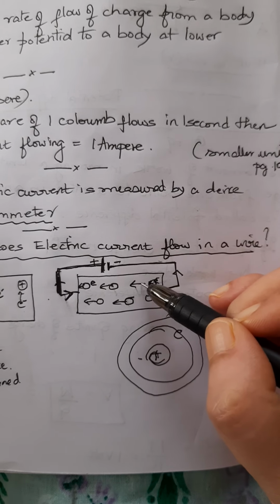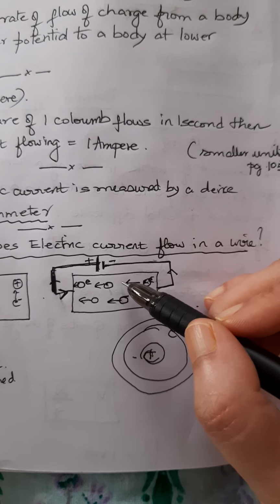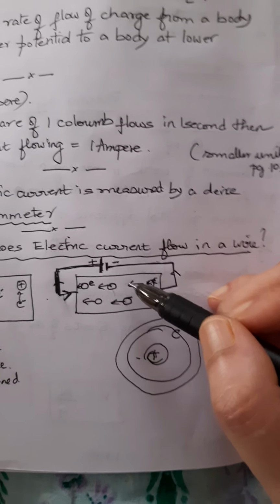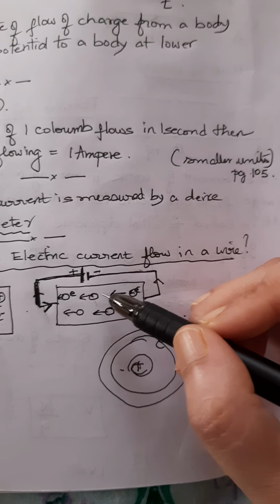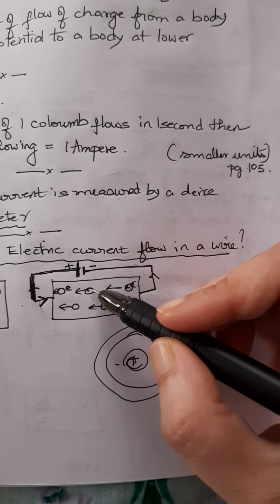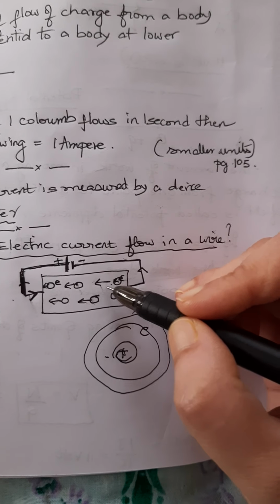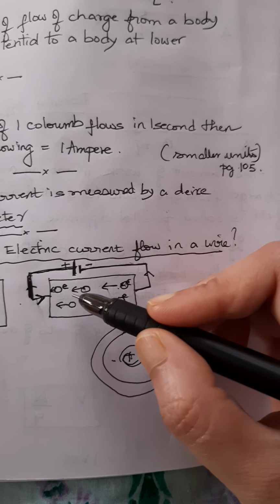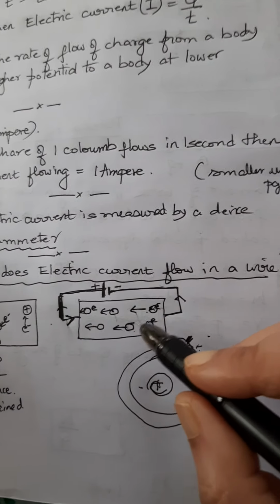When they start moving, they even collide with the positive charges. Because of this collision, the speed decreases and is not very fast, and they are actually drifting. So this is how the electric current flows.